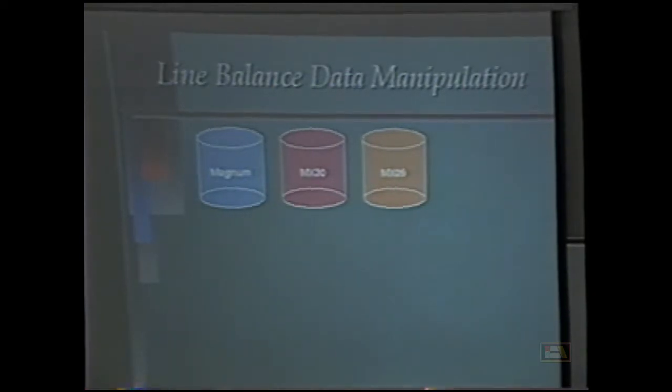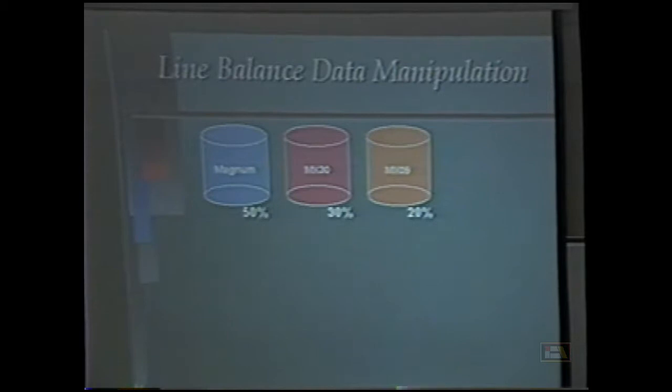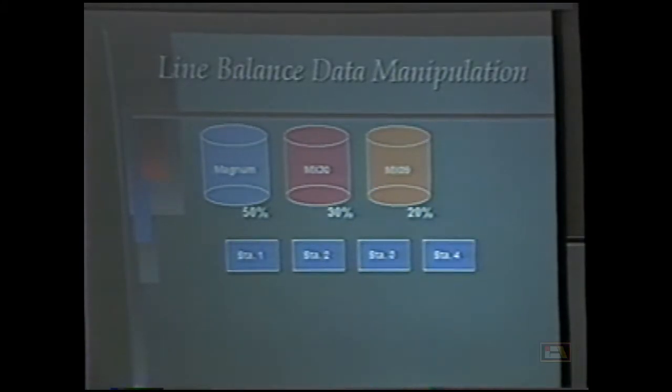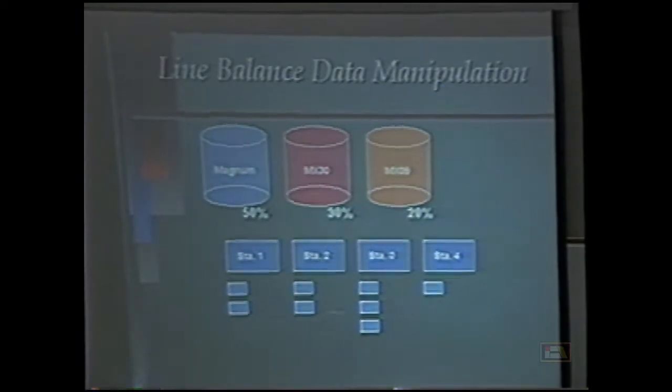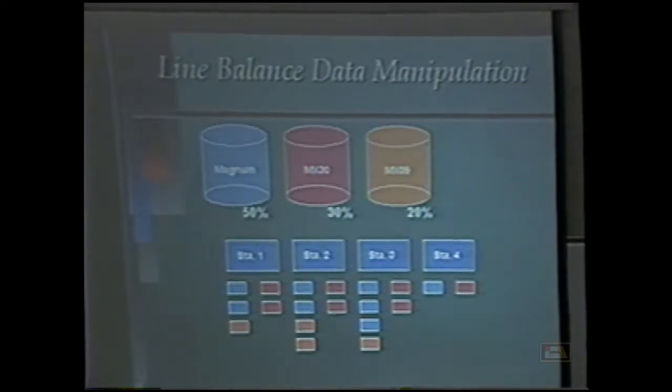So let's look at what line balancing is in a more global view. Let's say that you have one or multiple products to balance. And let's say that that has a mix, okay? The mix broken down by percentages here on the slide. So the first effort is to take the first bucket of work and assign it to different stations on the assembly line. And you continue that effort until you've exhausted all the work that you want to do on that assembly line for those 3, 2, 1, however many products you're going to process.